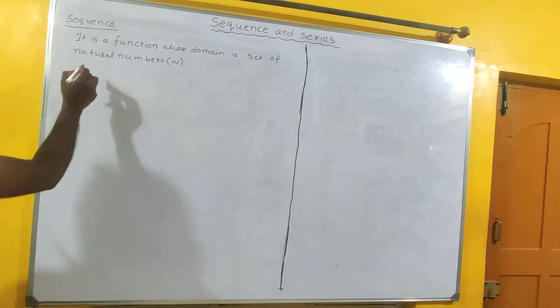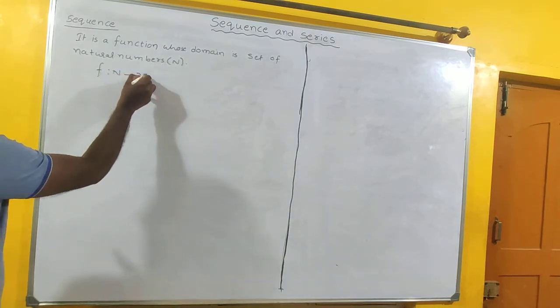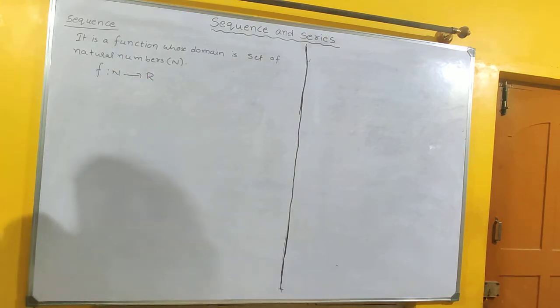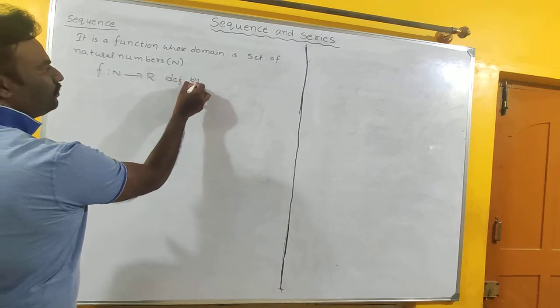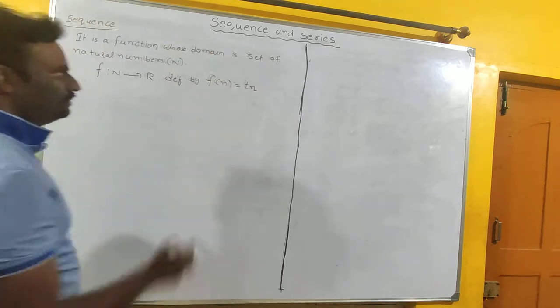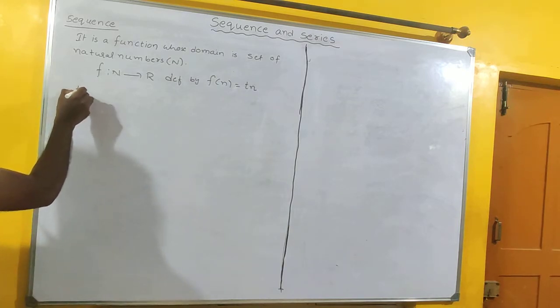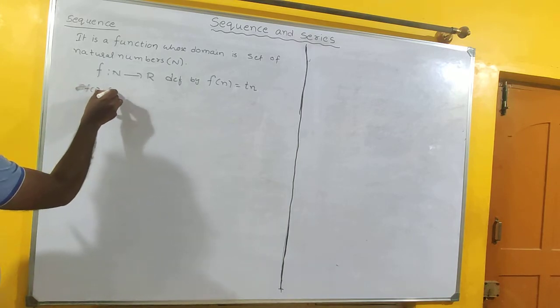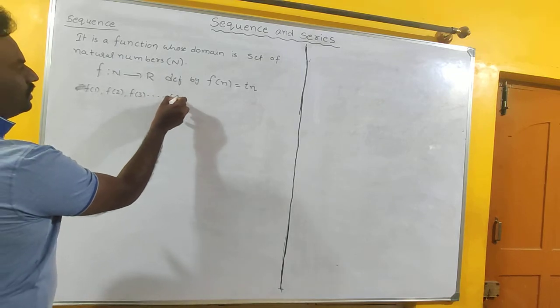For example, the sequence is a function, that's why f maps N to R. It is defined by f of n is equal to Tn. Here the domain is natural numbers. Therefore, you can write f of 1, f of 2, f of 3 and so on, f of n.